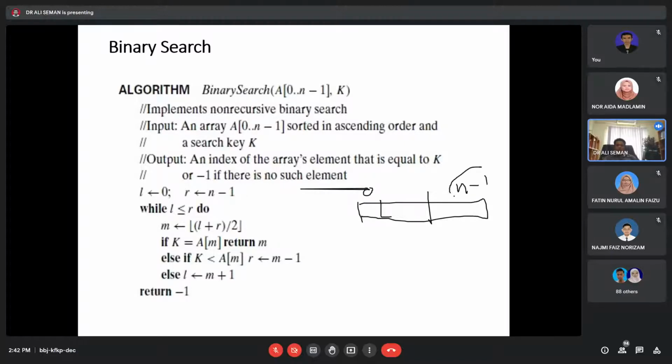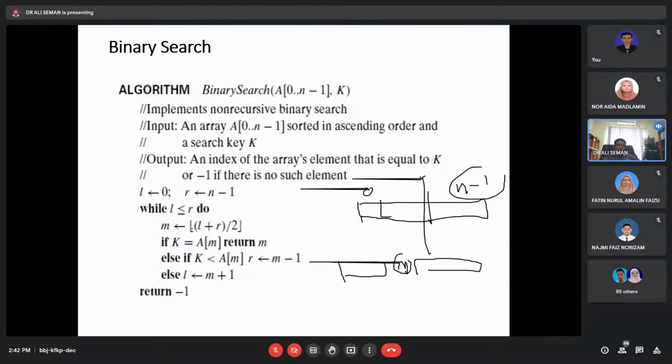But for binary search, we need to divide into 2 subarrays, the first subarray and the second subarray, where m is the middle where we split into 2. When L plus R divided by 2, we get a floor value, and when K equals M, return M, meaning the search key is the value inside M. Then we found it, and we terminate.